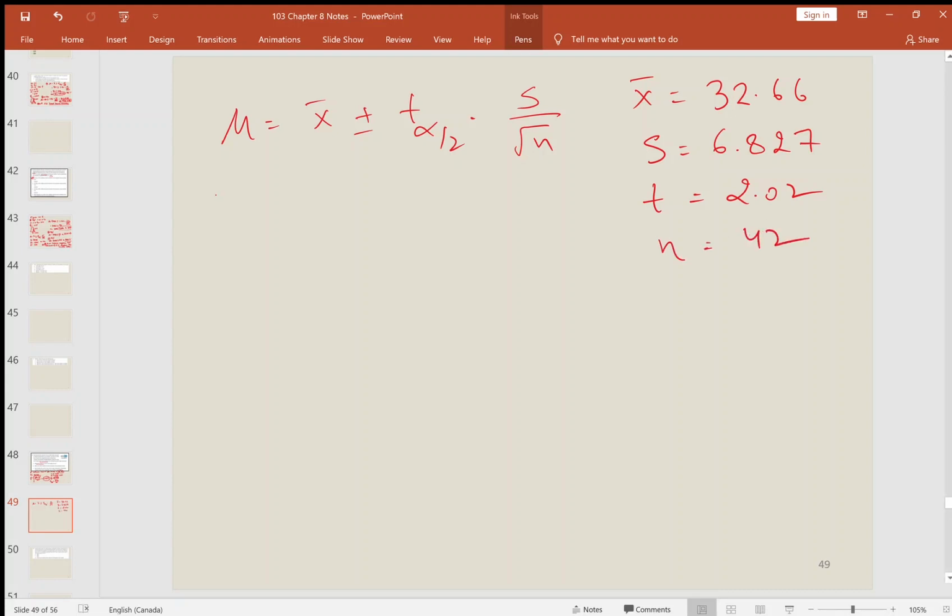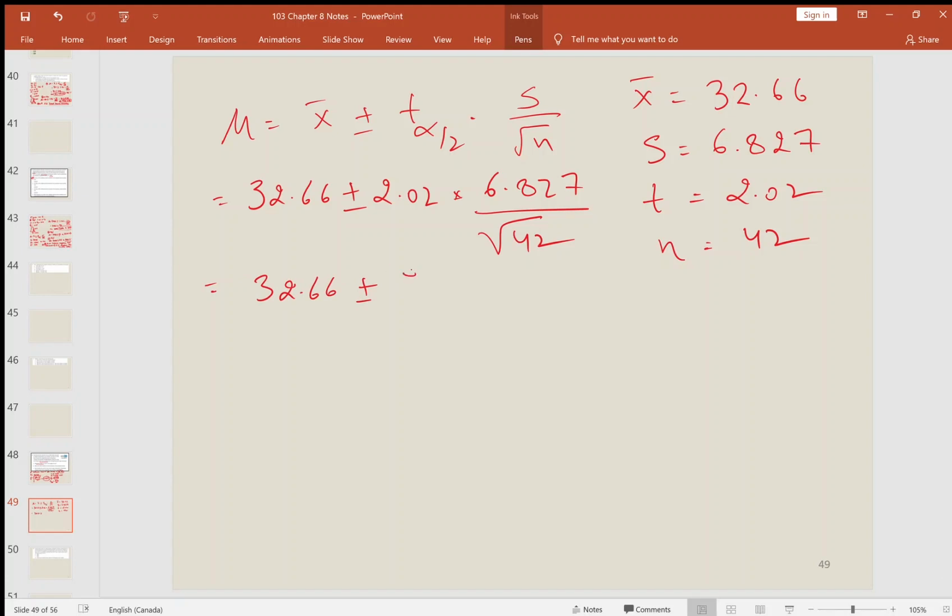Let's plug in the numbers. So mu is equal to 32.66 plus or minus 2.02 times 6.827 divided by the square root of 42. This comes to 32.66 plus or minus 2.13, where 2.13 is your margin of error E.